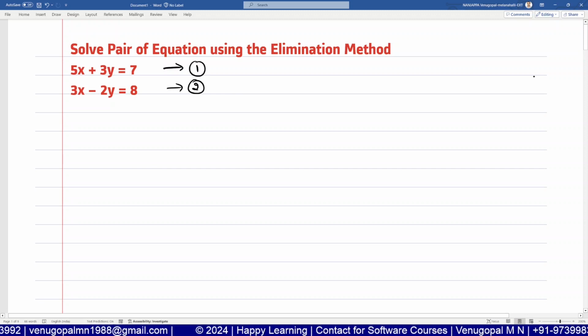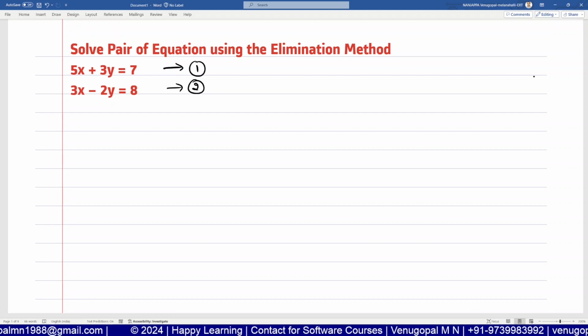Now the purpose is to make the coefficient of one of these variables, y or x, the same. Let us try to make the coefficients of y in both the equations the same. So for that, the easy way is what?